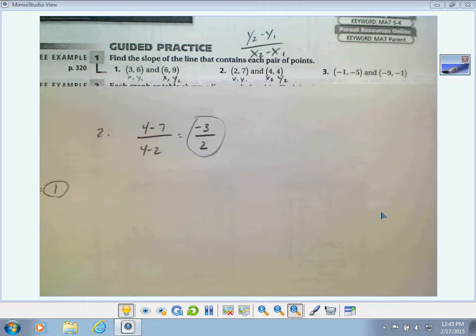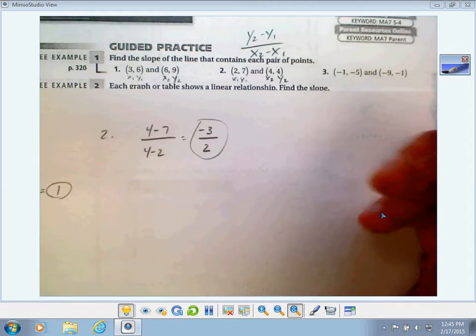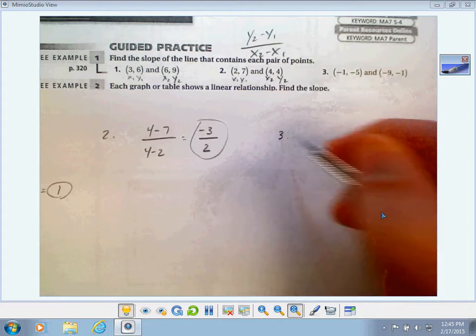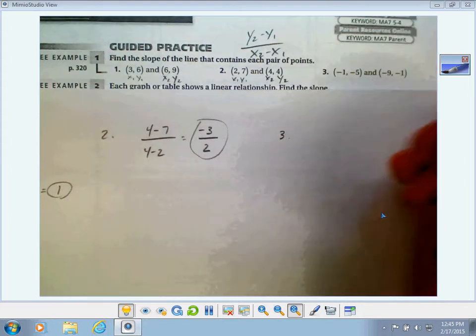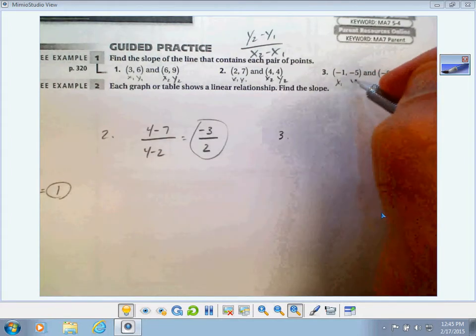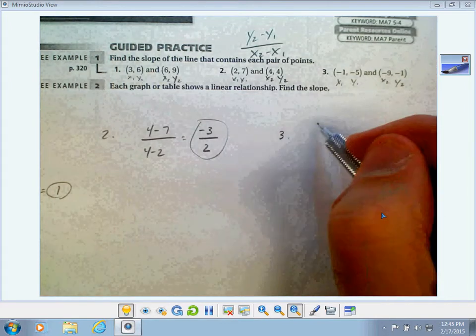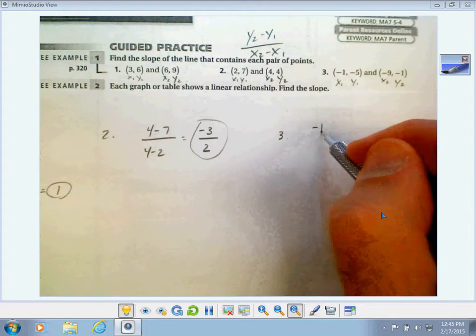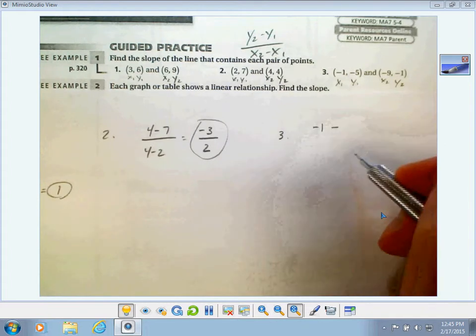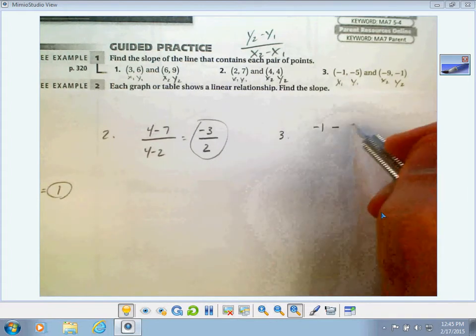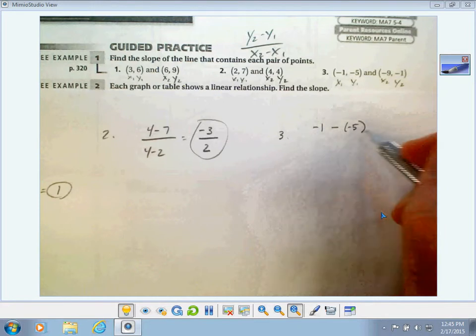We move to number 3. Number 3, we might run into some of the potential mistake areas with these kind of problems where we have x1, y1, x2, y2. If we do the formula, it's going to be negative 1 for y2, and then a minus sign according to the formula, and then y1 is negative 5.